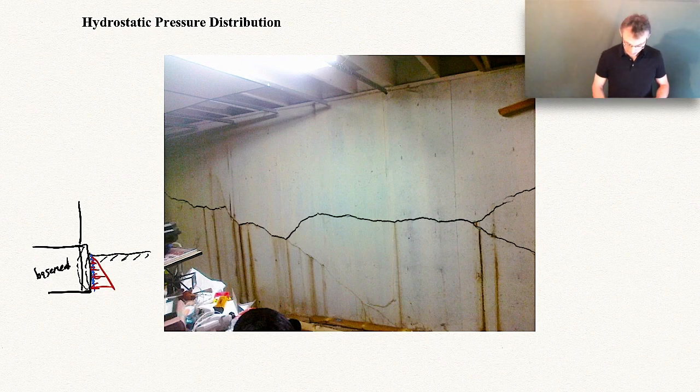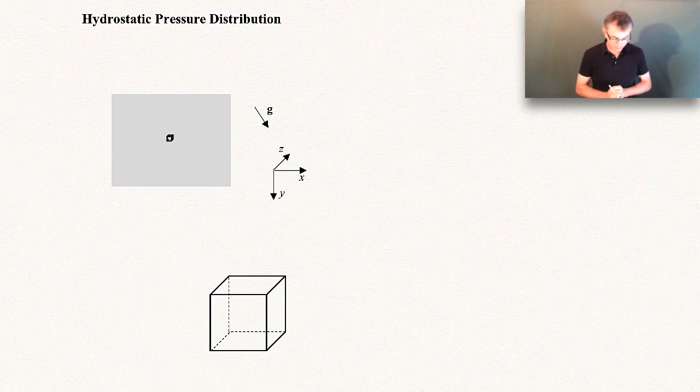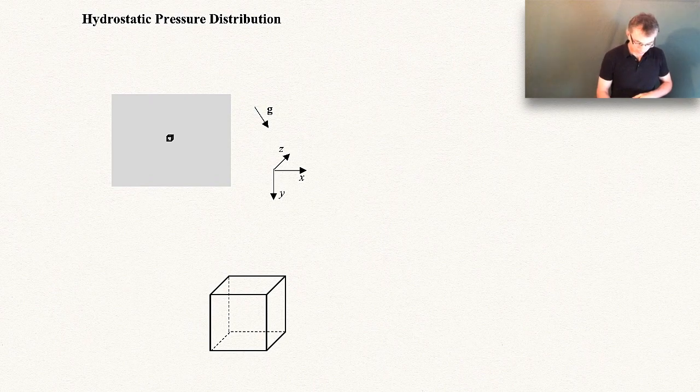So let's take a look at the material here. Let's get started. What we're going to do is take a look at a little piece of fluid in a big expanse of static fluid. So we're going to be talking about hydrostatics here. One of the things that's important is when the fluid is static, or it has no relative movement, the only forces acting on typical pieces of fluid would be pressure forces.